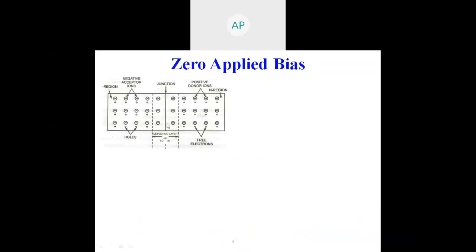In this way a number of electrons combine with holes and the junction layer is formed.